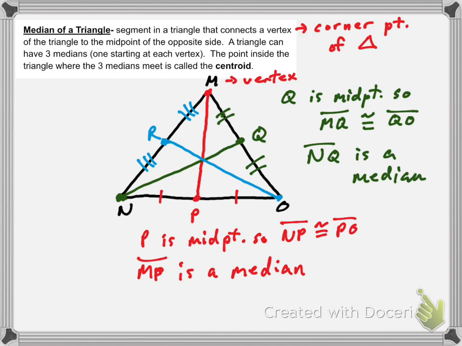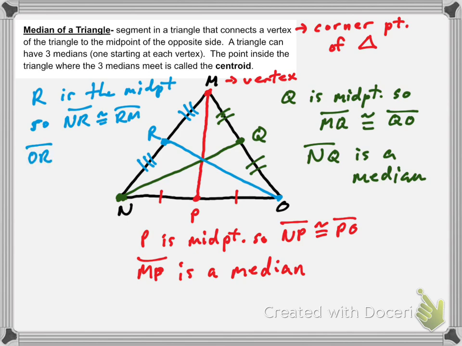So that means that NR is congruent to RM, and then that means that OR is a median.